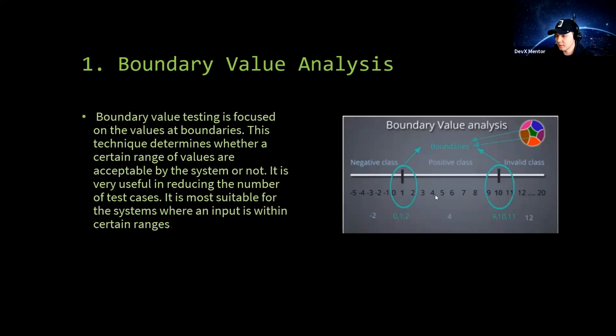We're not gonna run tests for 3, 4, 5, 6, 7, 8. We can just test the boundaries and assume the program works correctly. This is the boundary value analysis. So we're thinking about boundaries where bugs can be found.